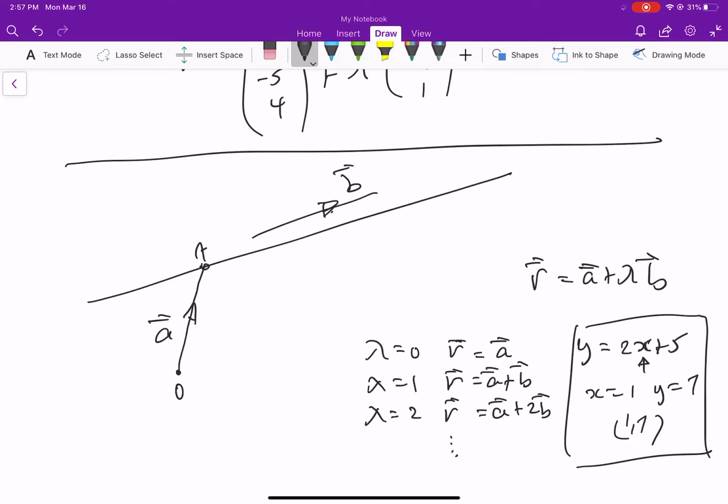And so on down the line. Lambda equal minus 1, R is equal to A minus B.